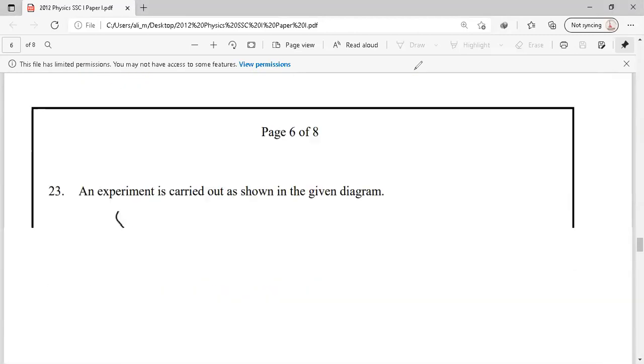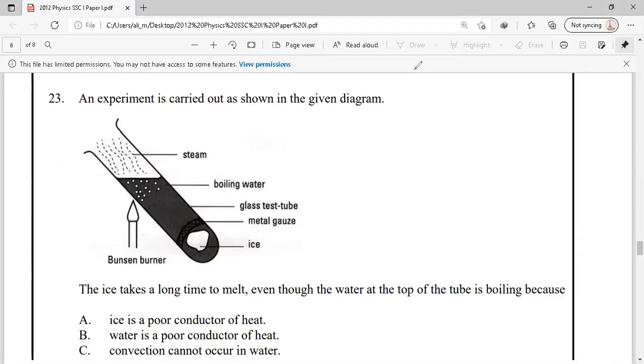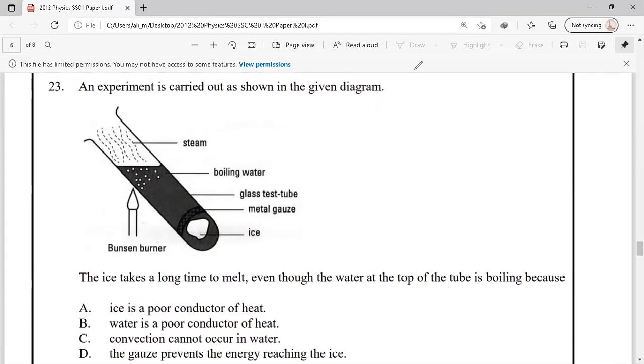Let's see question number 23. An experiment is carried out as shown in the diagram, in which we have a glass tube, with a piece of ice at the base of the tube, and water and steam. So, in short, we have all three states coexisting in that test tube: solid, liquid, and gas.